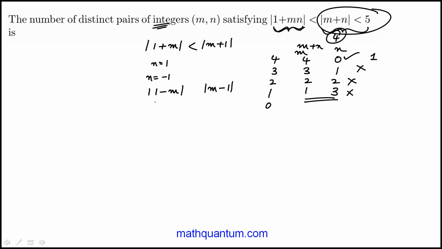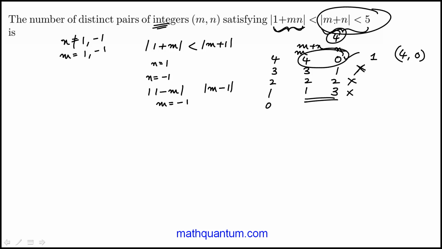Same thing with m being minus 1. So n cannot be 1 or minus 1, m cannot be 1 or minus 1. So that's going to rule out these cases here. So we have one example here, 4 and 0.